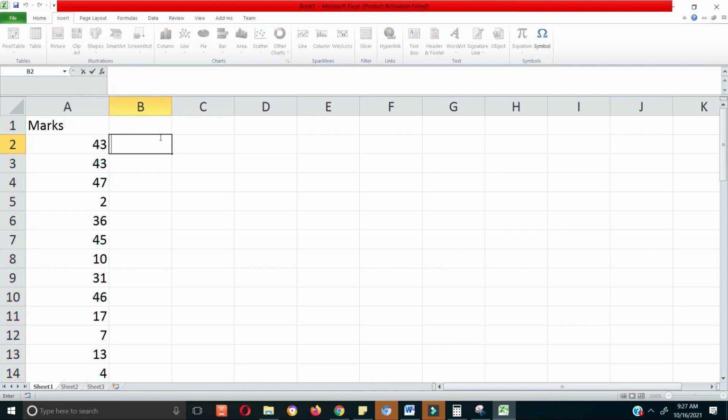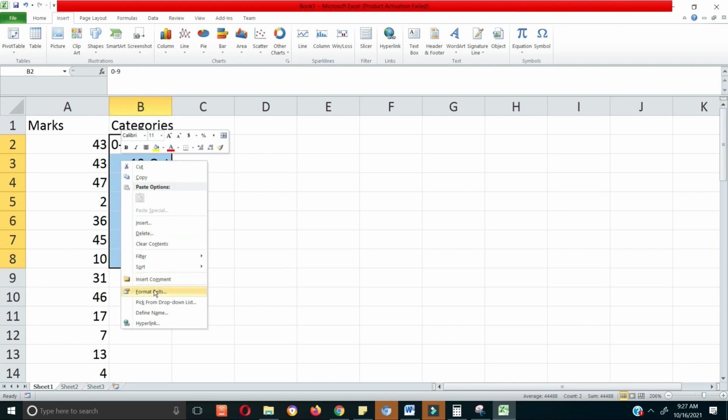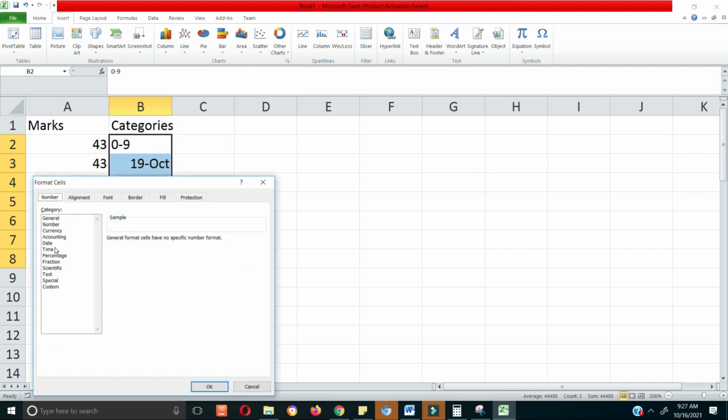Then we have the categories. We have people who scored 0 to 9, people who scored 10 to 19. I always forget, we have to convert this now to text. We format this as text.